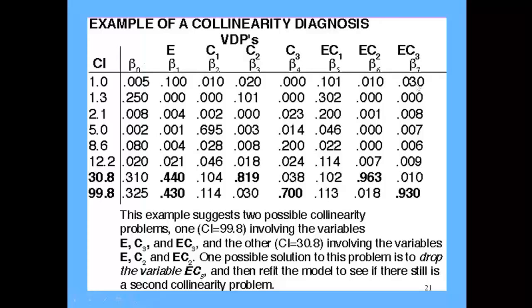Now, just to explain what that is, look at any column here. Look at the E column. Suppose I add up all the numbers in the E column. What do I get? 1. What if I do the next column? Any other column? Okay, so what I'm doing is, for any variable, I'm dividing up something into proportions that add up to 1.